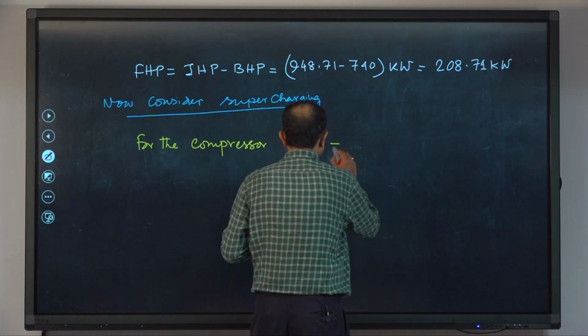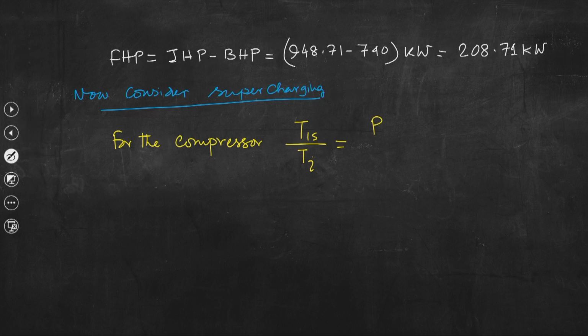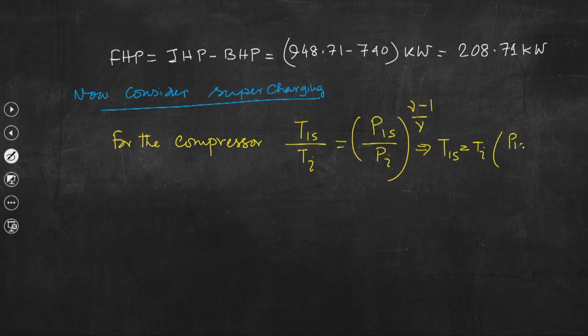So, this equals P1s by Pi to the power gamma minus 1 upon gamma, and from there T1s equals Ti into P1s by Pi to the power gamma minus 1 upon gamma, and it is coming as 320.